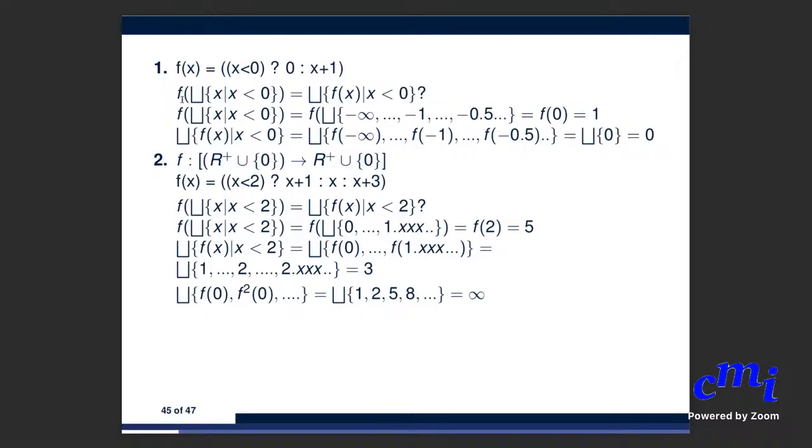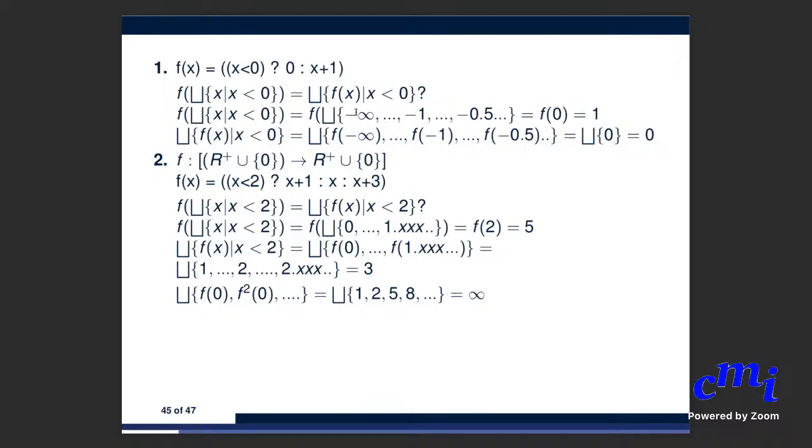This is not a continuous function. The test for a continuous function is this: if you take every chain, then the least upper bound of the chain, when you apply f to it, has to be the least upper bound of the chain you get by applying f to every individual element in that chain.